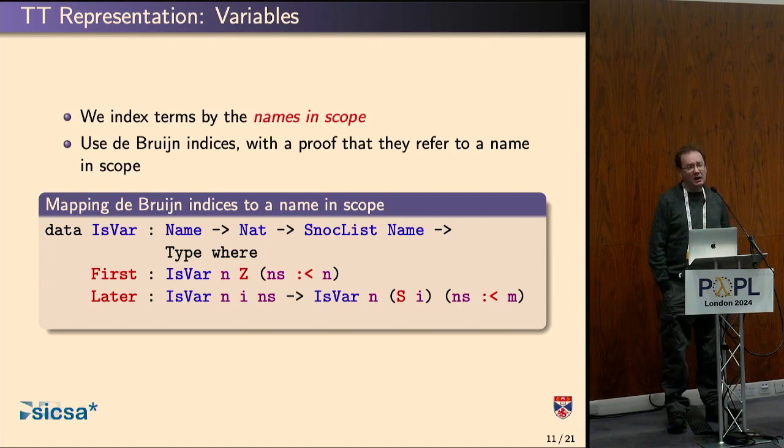Now, what we're looking for when we're writing a dependently typed application, I claim, is finding the place where states can be illegal and make those states unrepresentable. This is the typed programmer's mantra: make illegal states unrepresentable. So what I'm trying to do here is make it impossible to get de Bruijn indices wrong.